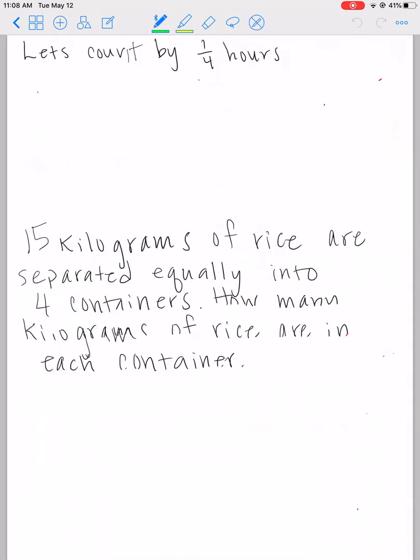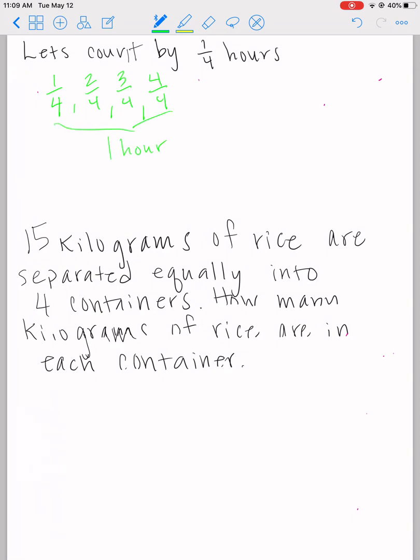Now, let's count by quarter hours. So you're thinking about time, right? 15 minutes, 30 minutes, 45 minutes, an hour. 15 minutes, 30 minutes, 45 minutes, an hour. So if we count by fractions, you have 1/4 of an hour, 2/4 of an hour, 3/4 of an hour, and 4/4 of an hour. That means you just got to 1 hour, right?